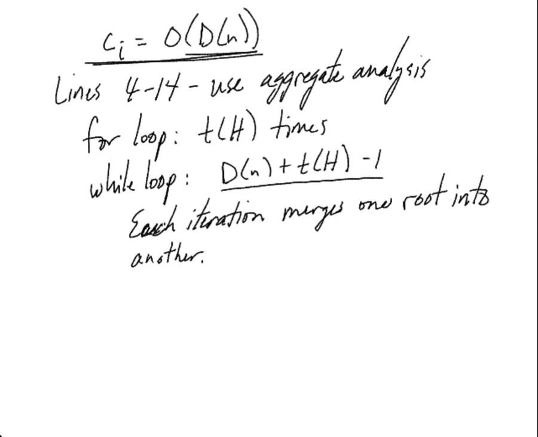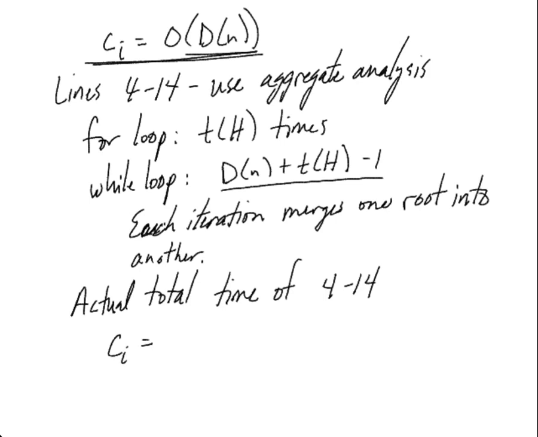So the actual total time of lines 4 through 14 is order d of n plus t of h. Recall where d of n is the maximum degree and t of h is the number of nodes in the root list. Okay, so that's the actual time.